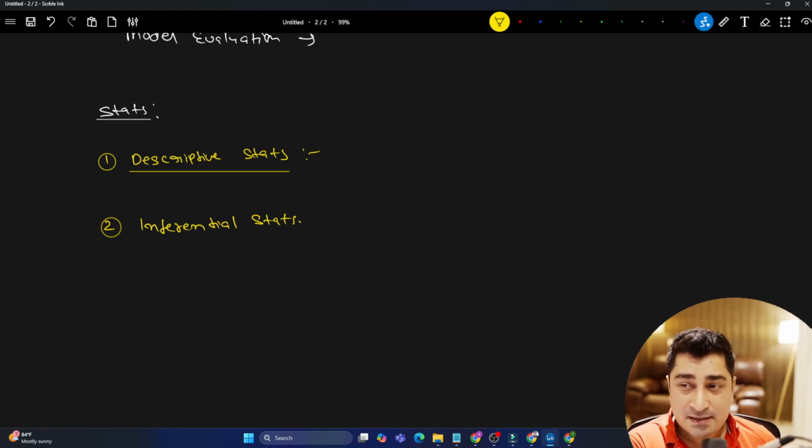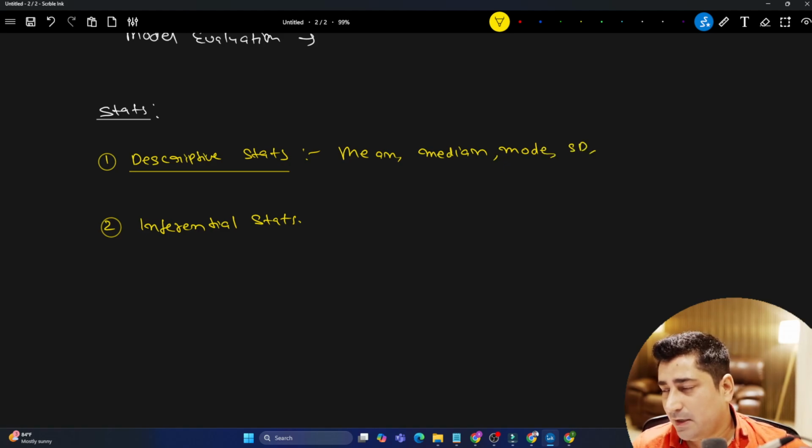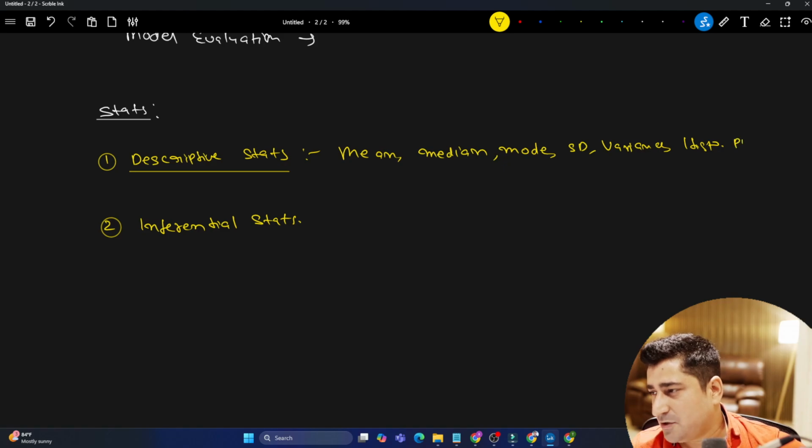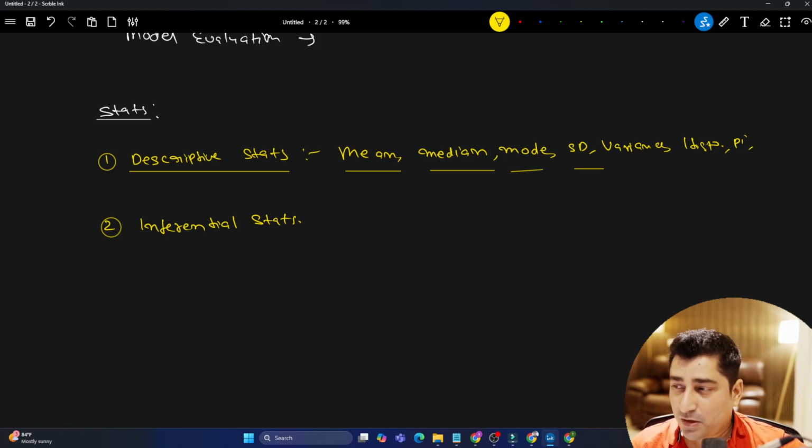All of these things come inside descriptive statistics. So if you find the mean, median, mode, standard deviation, variance, or draw a histogram, pie chart, or a frequency distribution with respect to a data, then all of these are attempts to get some sort of description or summary out of the data set.